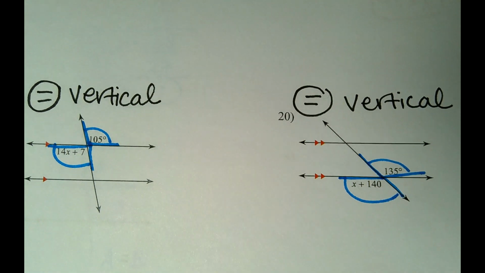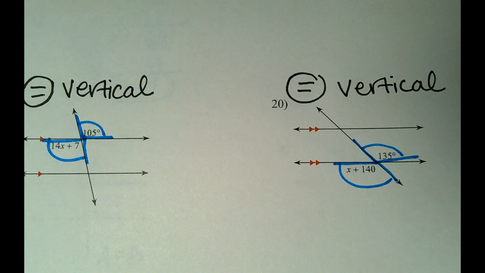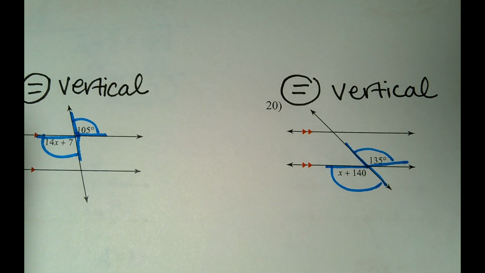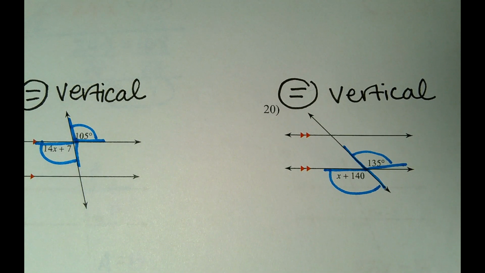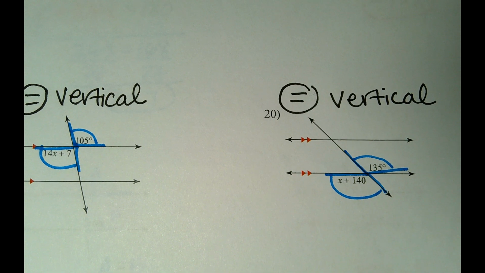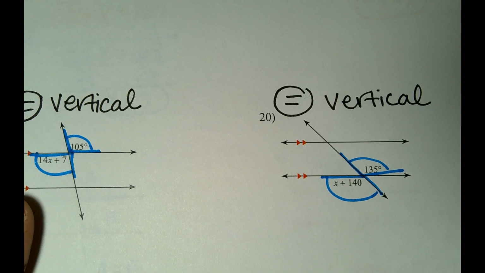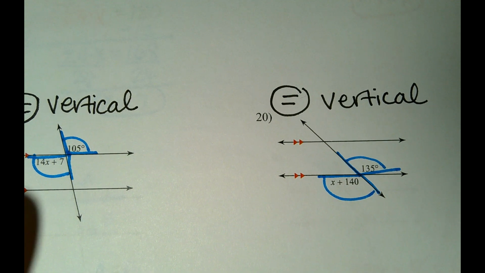So we've identified whether they're equal or whether we need to add them up and set them equal to 180. Now that we have that information, you think you can solve some of these? I think you can.